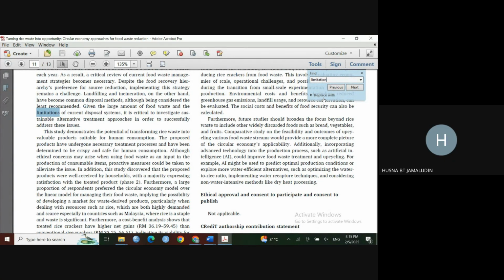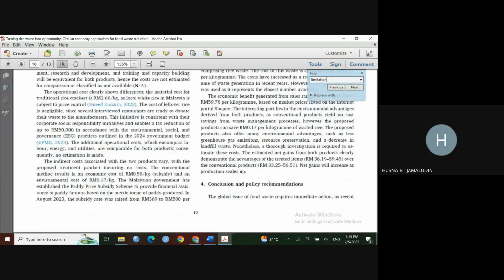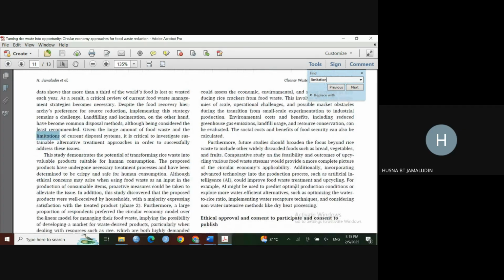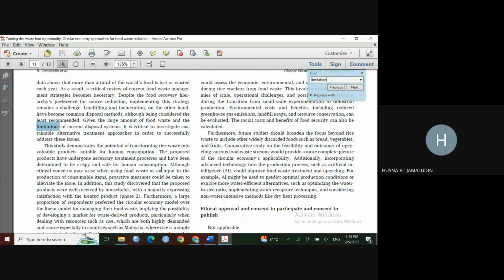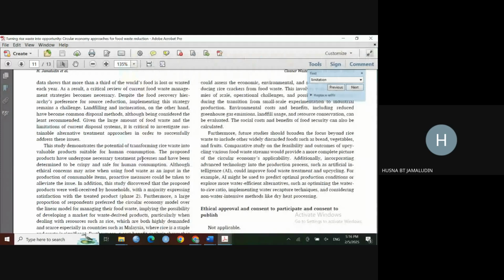Given the large amounts of. Okay, somewhere here. Conclusion and policy. Limitation here is about. So remember the objective of having a limitation is that you want to allow room for future study.